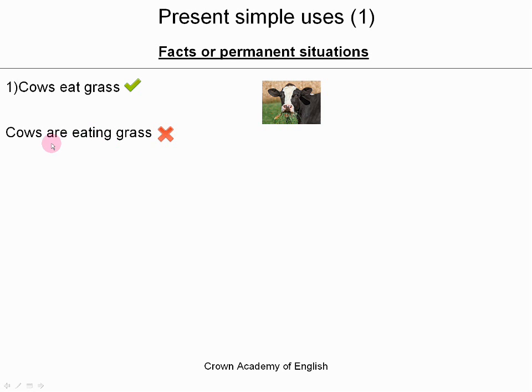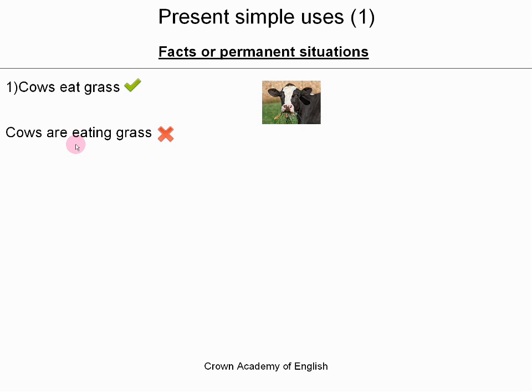But the present continuous tense is used for talking about what a particular cow is doing right now. Okay, we can see a cow across the road and we are telling somebody next to us, oh, look at that cow over there, it is eating grass, or they are eating grass. That would be then correct.